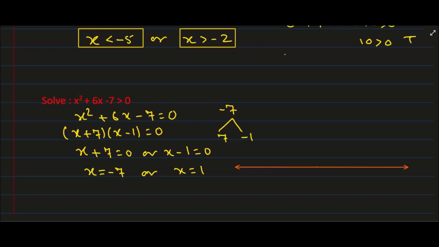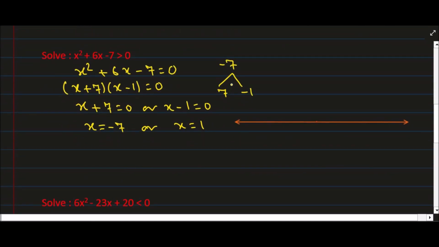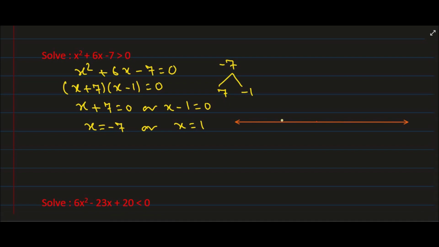I hope this is clear to you. Let me put the answers in the box. These are the critical values. Once we have the critical values, we have to write the final solution. Minus 7 will be on the left side and 1 will be on the right side.